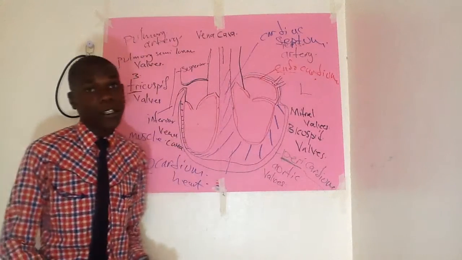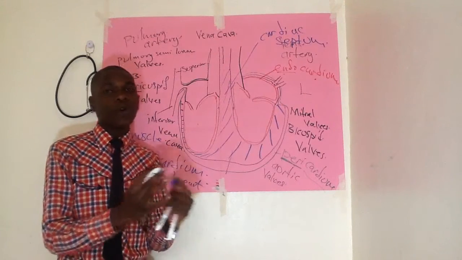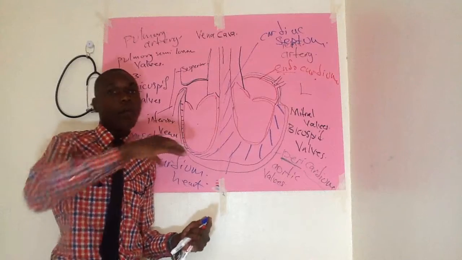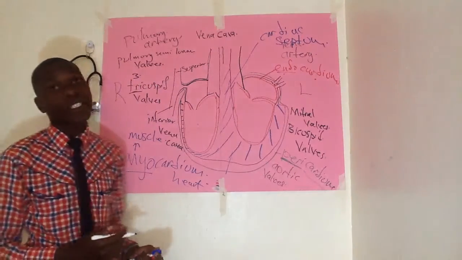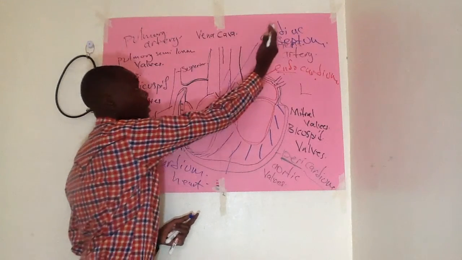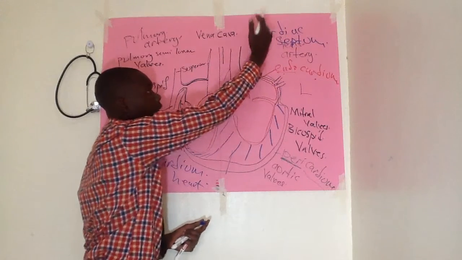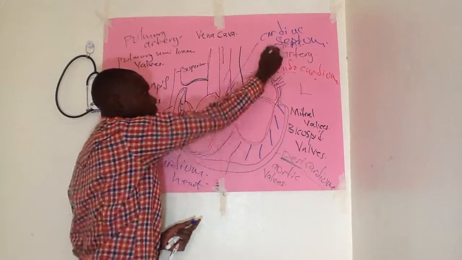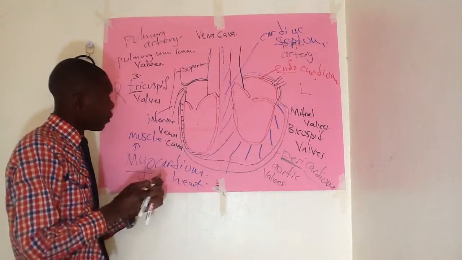Septum, something separating. So in anatomy, any mass of tissue which separates two organs or which separates components of an organ is known as septum. So we can say cardiac septum, meaning a muscle separating the heart.